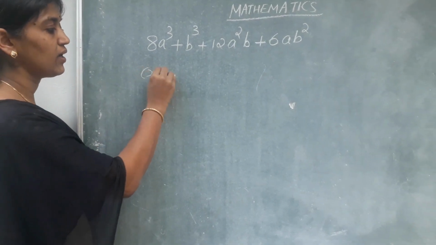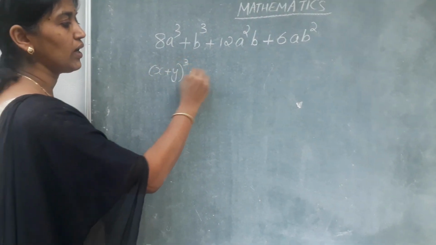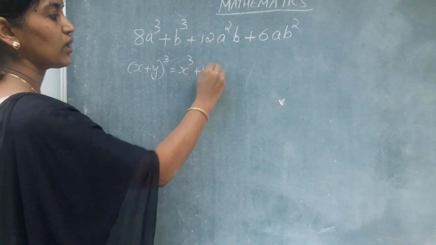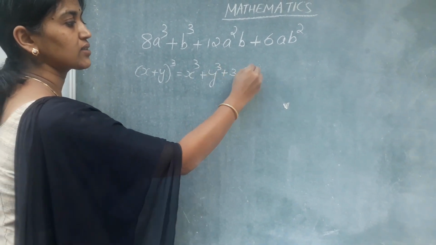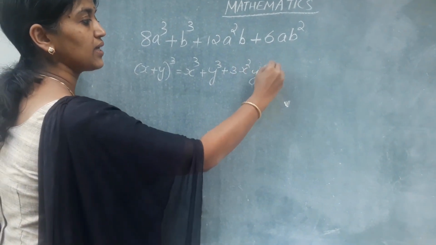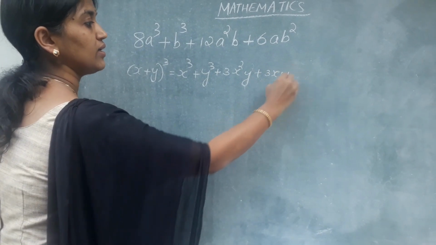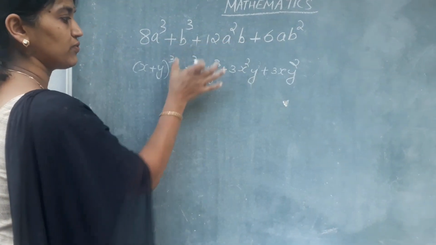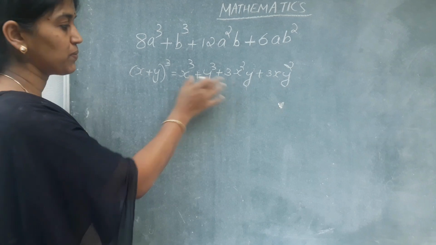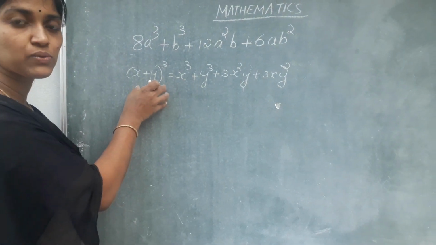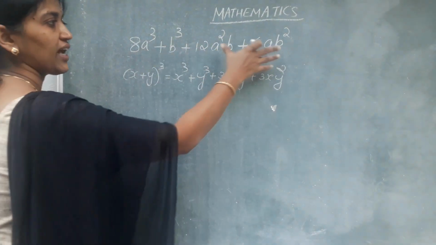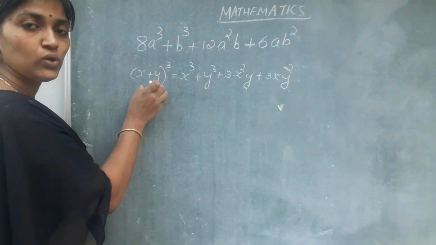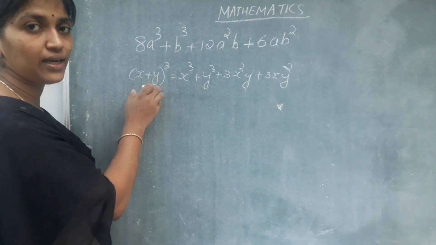X plus y whole cube is equal to x cube plus y cube plus 3x square y plus 3x y square. This is of this form, isn't it? Which means its factorized form is x plus y whole cube.